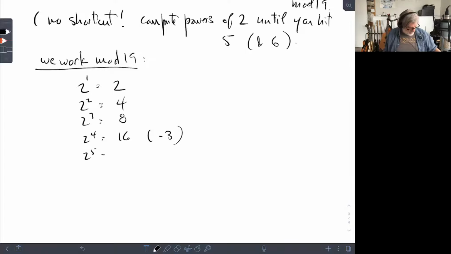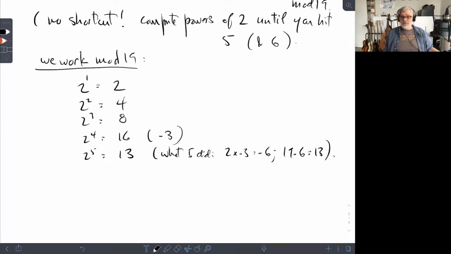So 2 power 5 will be 2 times minus 3, which is minus 6. 19 minus 6 is 13, right? So what I did, I'll just write it here: 2 times minus 3 equals minus 6. 19 minus 6 is 13. So that's how I got my 13.